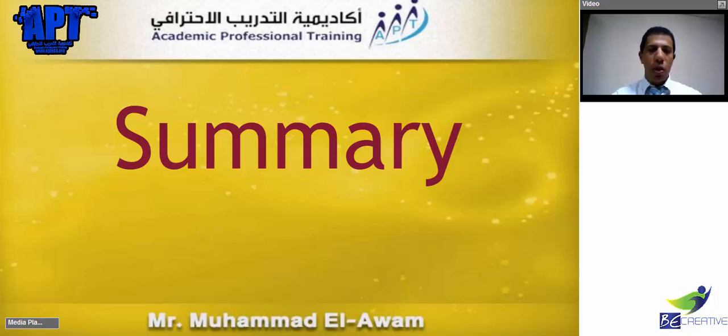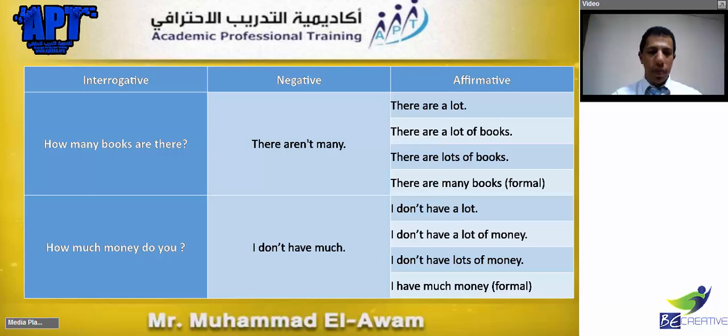Summary. Now we're going to check everything that we have said about the quantifiers again. Here we go. That table is showing everything that we have been through about quantifiers up till now. In the question form, we have how many books and how much money.